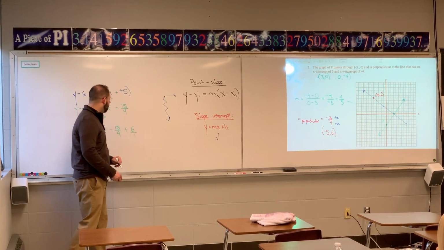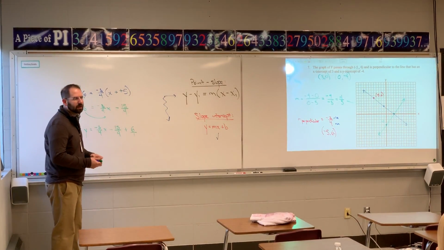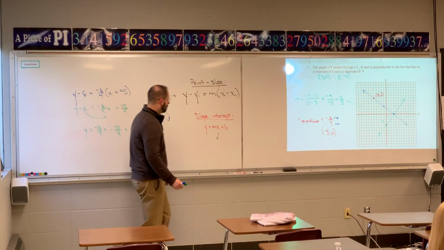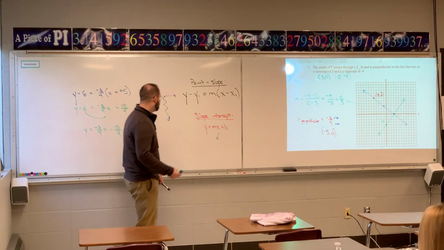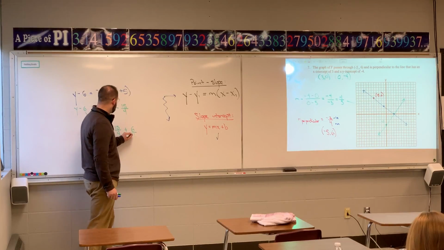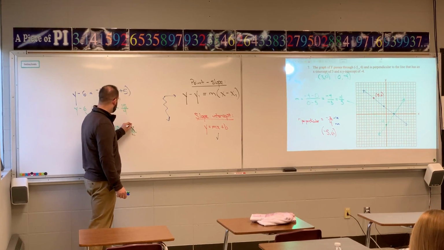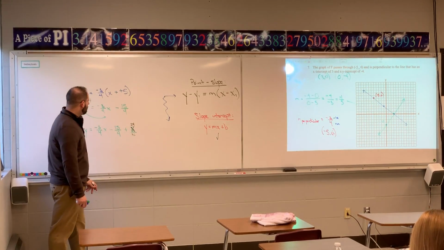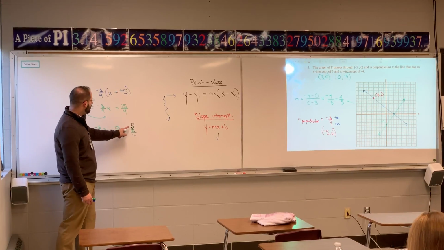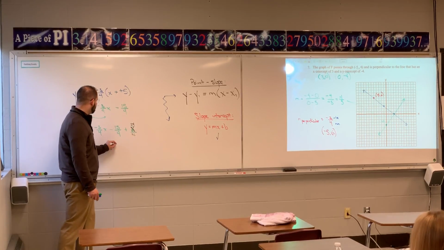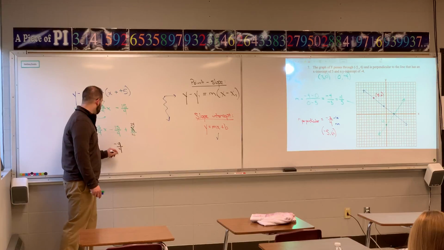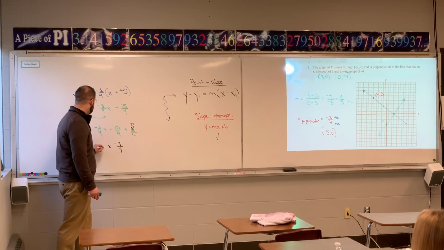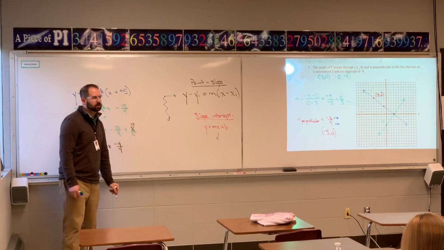So if that's 6 over 1, what's the common denominator to add these two together? 4 is on the bottom. So if I put a 4 down here, that's going to turn out to be a 24 up here. So I'm going -15 plus 24, is that -9? There you go, there's your equation.